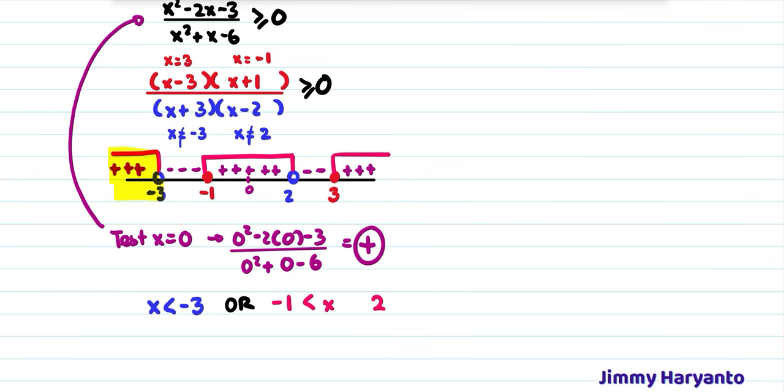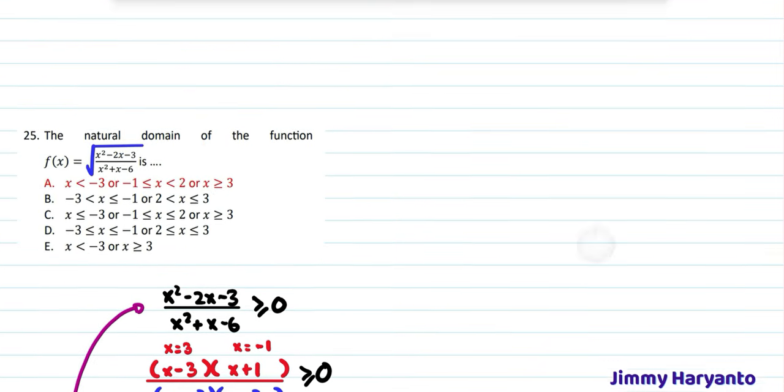The sign must be less than for the 2, because it's an empty dot. That means we don't put equal to. For the negative 1, it's a colored dot, so we have to put the equal to. Next, the last one is this one. To the right side of 3 will be x greater than or equal to 3. This is the final answer for the domain.